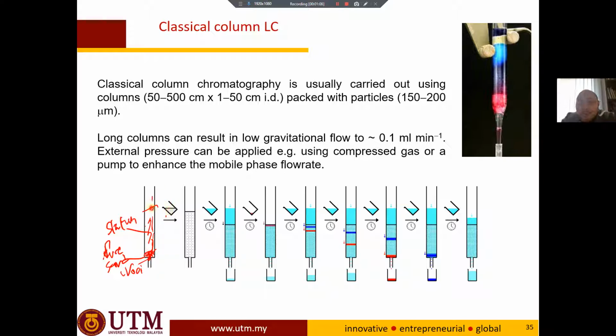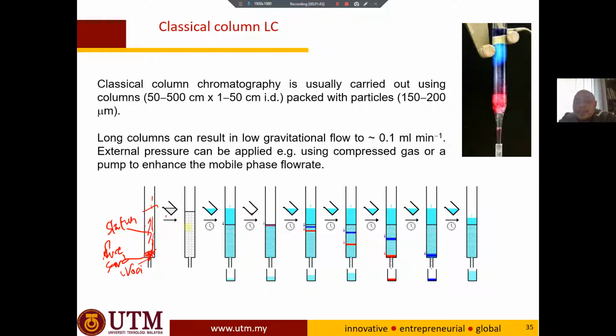Of course you can put the stationary phase without mixing it with water, but later on you need to put the mobile phase to condition the packed material. Macam mana senang kata, if we don't mix with water, we still need to run the mobile phase through it to make it pack properly. That's why in the video link we will give, he makes the slurry first, meaning he mixes the stationary phase with water, then pours it.